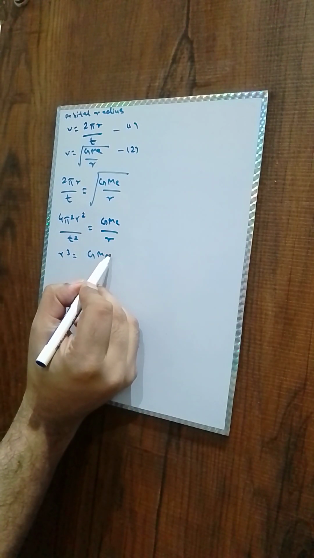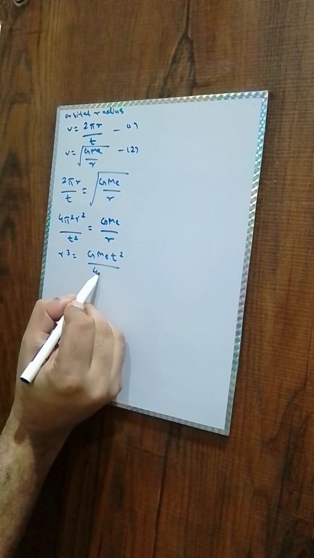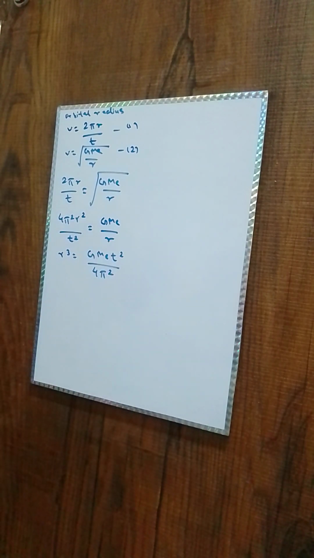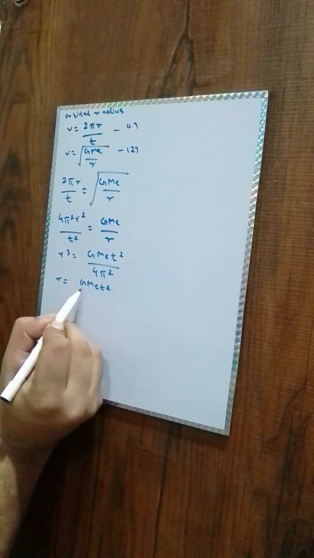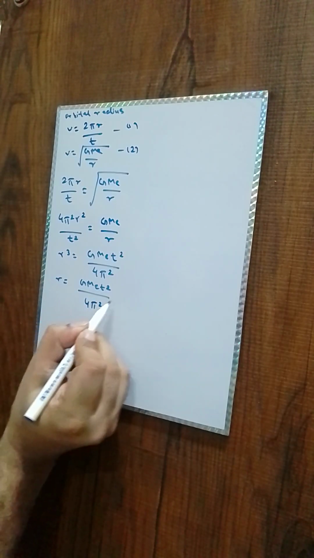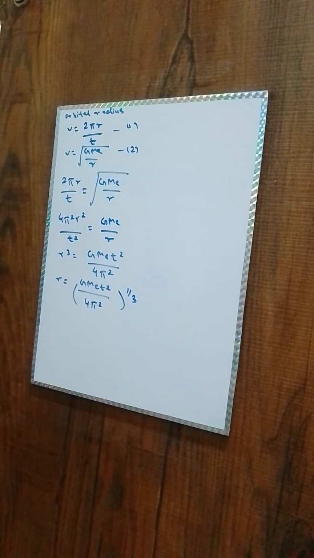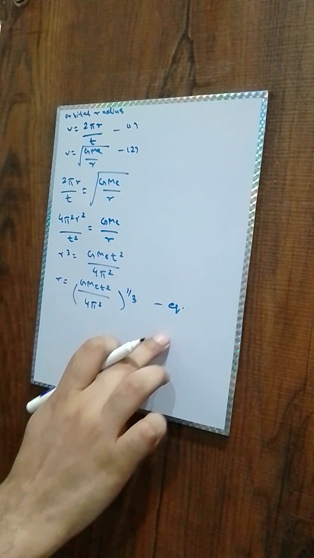So r cube now is equal to gme t square by 4 pi square, and r would be gme t square by 4 pi square to the power of 1 by 3.